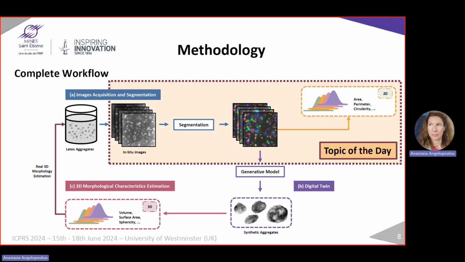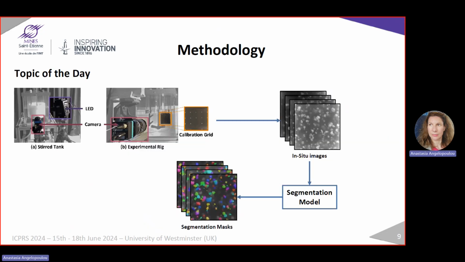Unfortunately, today I will only talk about what's in the paper that I presented. So we'll only talk about the segmentation part, but fear not, because there is a lot to talk about. Basically, today we have an experimental setup that allows us to capture some in situ images.